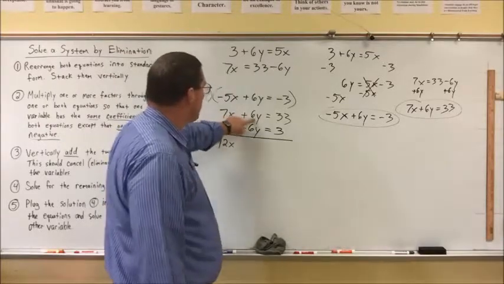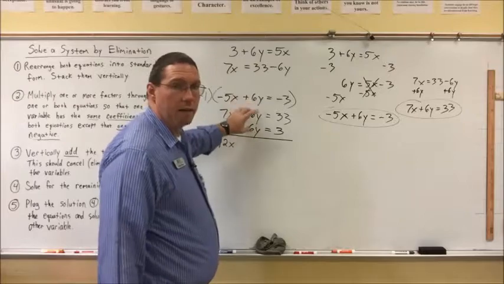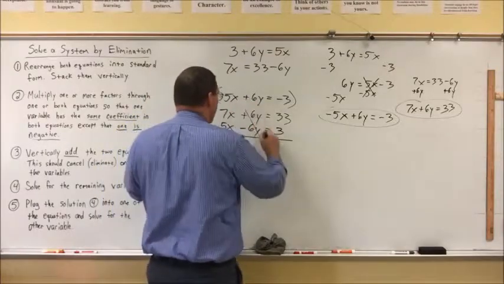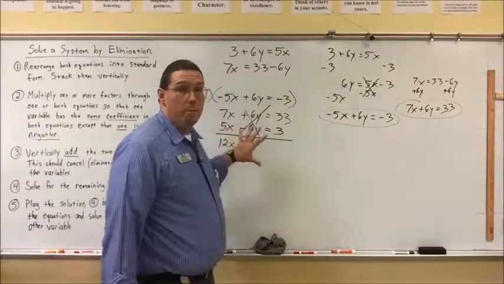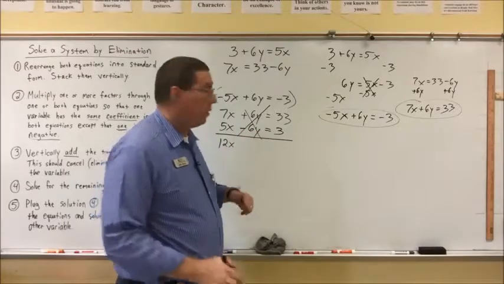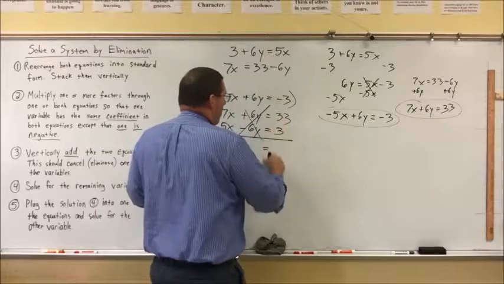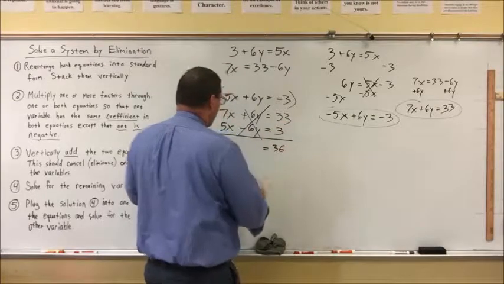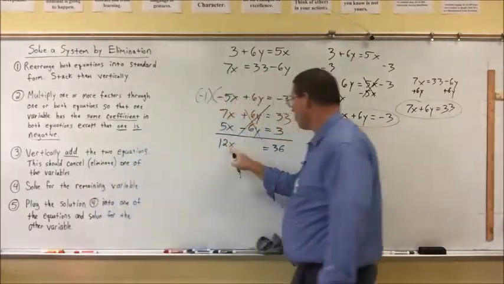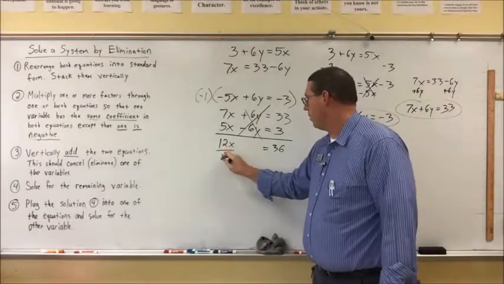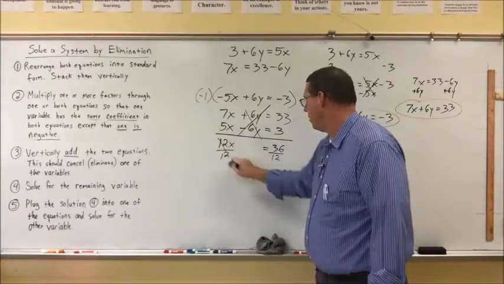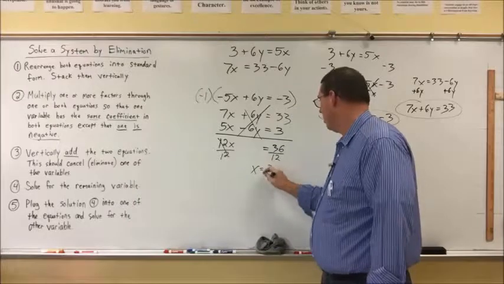Now, 6y minus 6y, if I combine those, that becomes 0. That is eliminated. That's why we call it elimination. So then equals 33 plus 3 is 36. And now the next step, step 4, solve for the variable. Divide by 12 on both sides, and we get x is equal to 3.